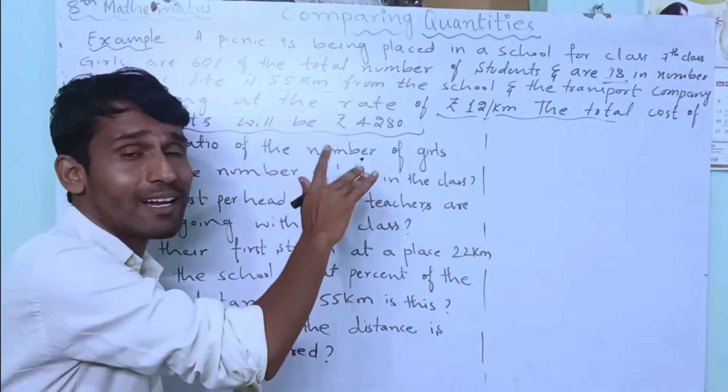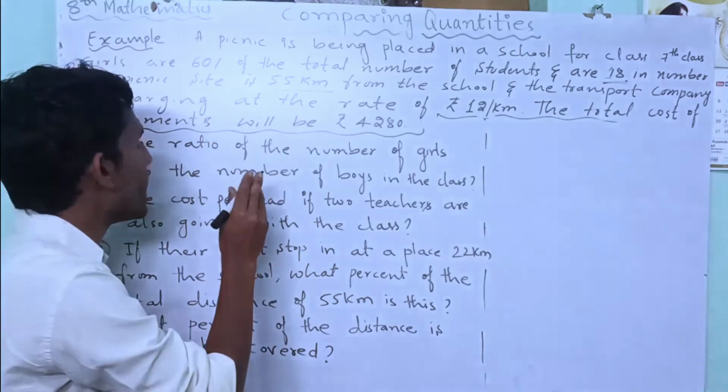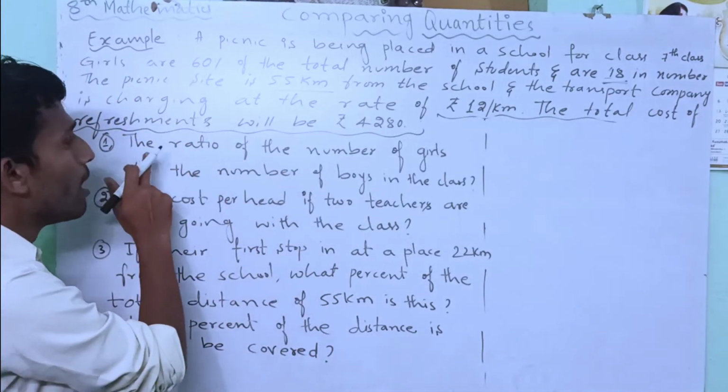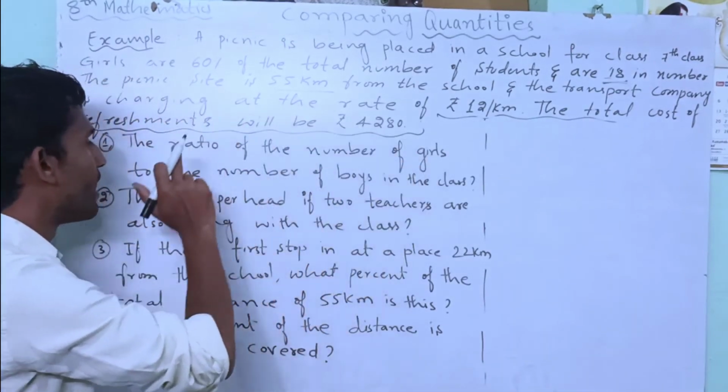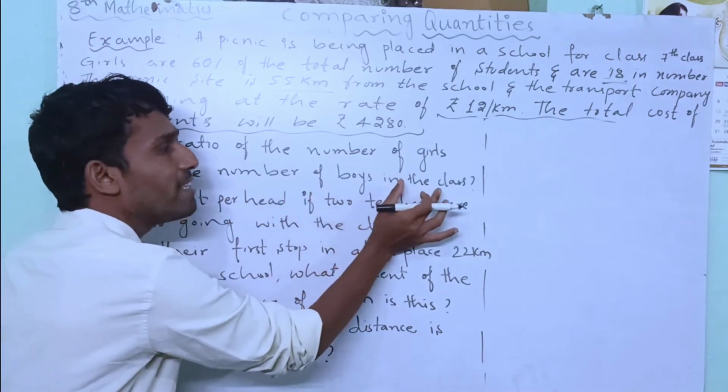Okay, dear student, read this question at least 2 times. Next, we have to find these points. First, the ratio of the number of girls to the number of boys in the class.